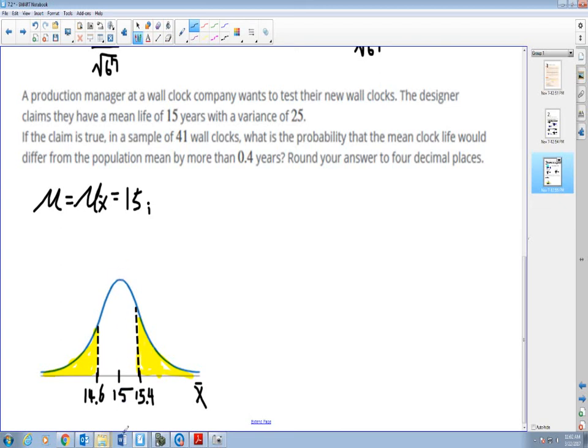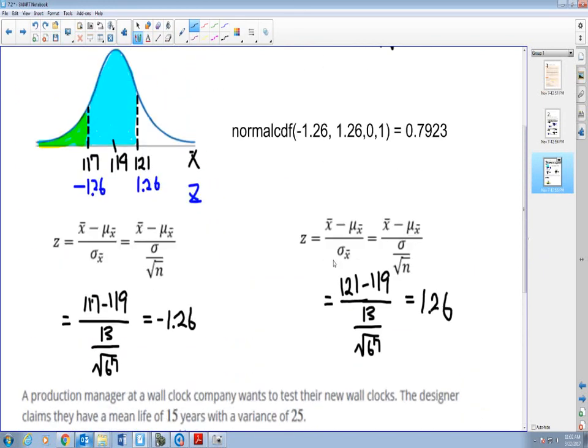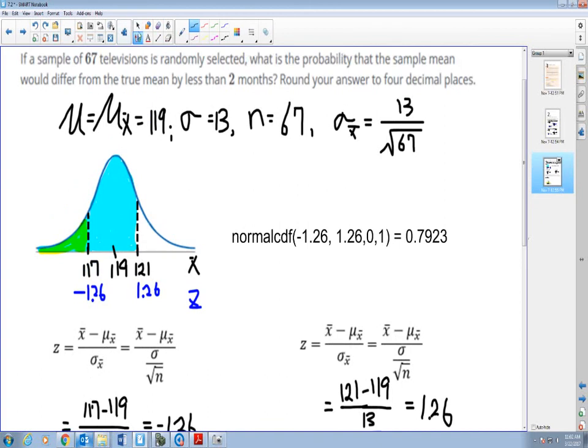If it ends at 15, more than that is in that direction, and that direction is to the left. Alright, so again, I've got two z-scores I have to convert. Two values of the random variable x bar I need to convert to z-scores, and I need to find the area for the two tails. Alright, so let's try again, okay?